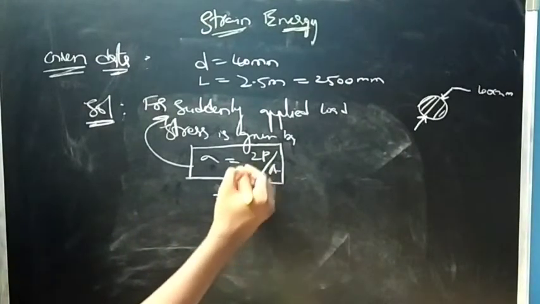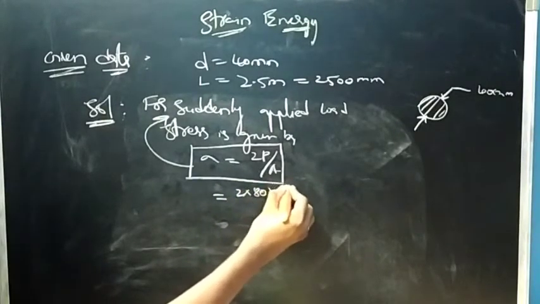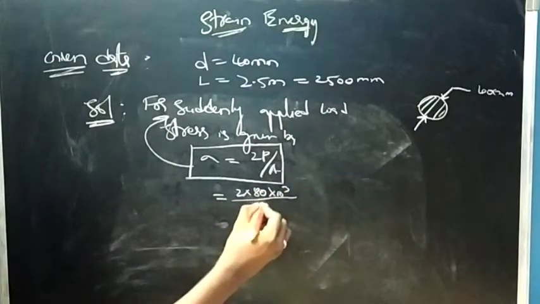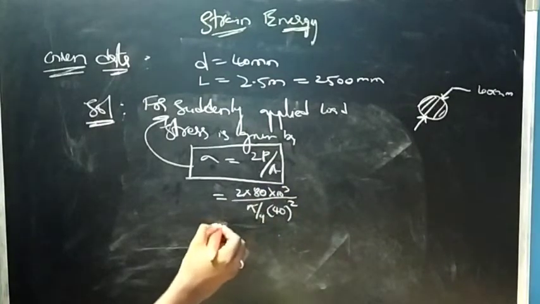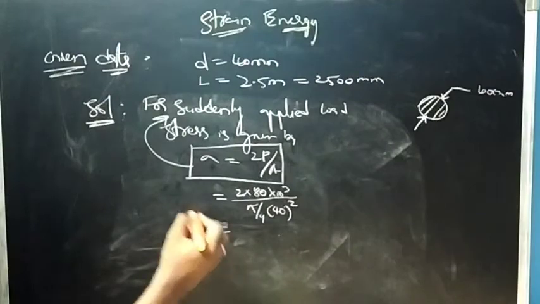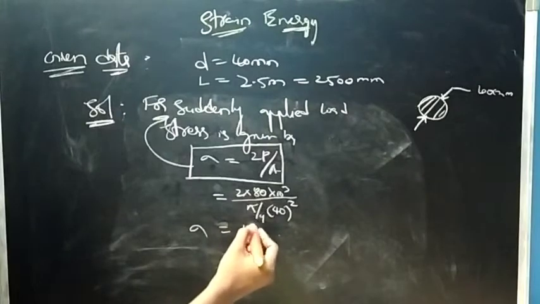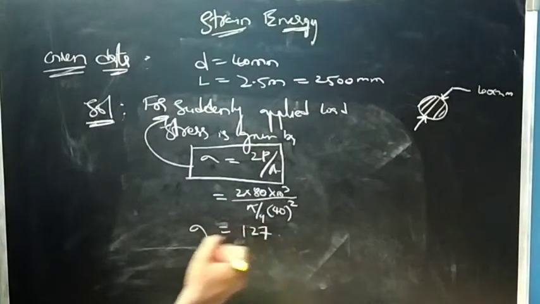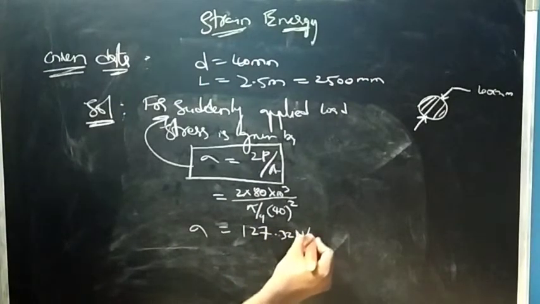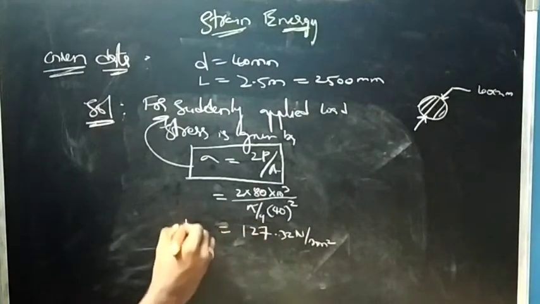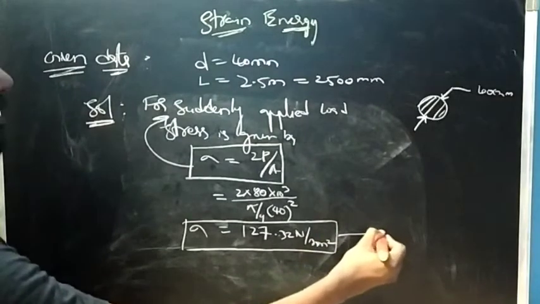If you put the values, 2 multiplied by 80 into 10 to the power of 3 upon pi by 4 into 40 square, the stress value for suddenly applied load will be 127.32 Newton per mm square. Let us say this is equation number 3.